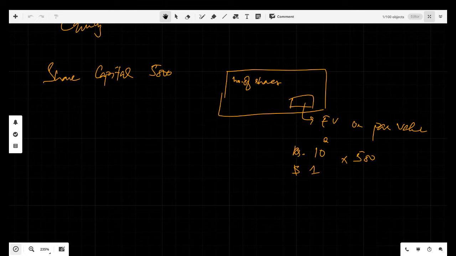I would issue these shares at dollar 1.3. So this point 3 or these two extra rupees that I'm selling my share for, the amount that I'm charging per share over and above face value or par value is called share premium. Did you already know this thing?